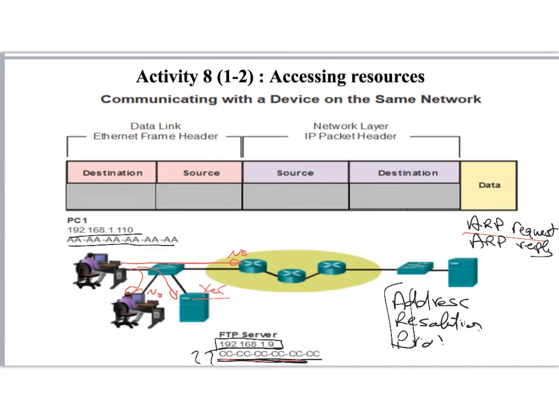Does it exist on the same LAN? Yes, it does, and we can match the IP address, and the first three numbers overlap with my IP address, then it exists on the same LAN. The second question, do I have the physical address? No. Okay, so I send an ARP request and I get the reply, and now I have all the information that I need to start sending the actual data.